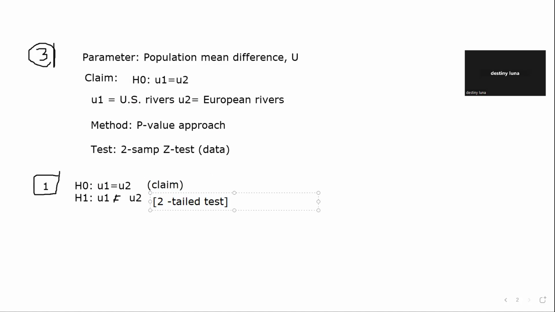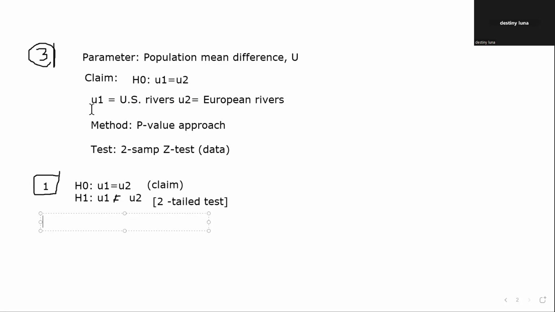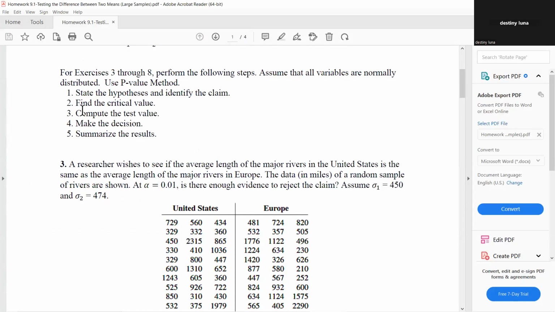Now, since we're doing the p-value approach, one thing I should mention for the sake of those of you watching, because I noticed this earlier and I'm going to make her aware of it later: her directions here are for the traditional method.